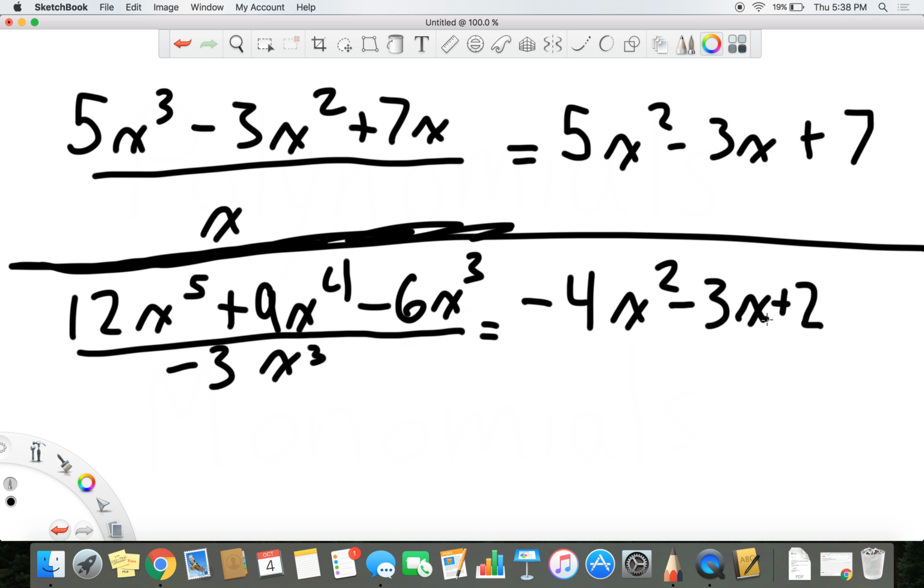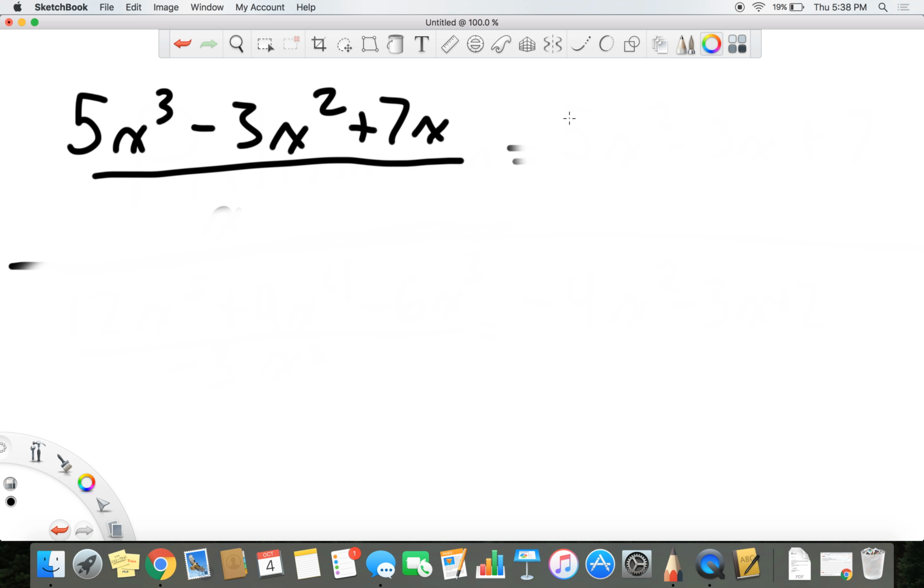So the final answer is negative 4x squared minus 3x plus 2. Okay. So as you can tell, they just build on the last video's monomials divided by monomials, and the questions just get bigger, but that's completely fine. Just a few more steps, and that's that.